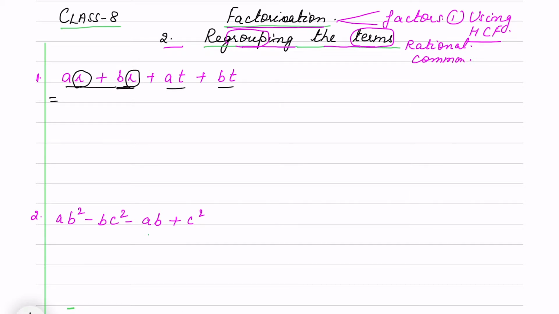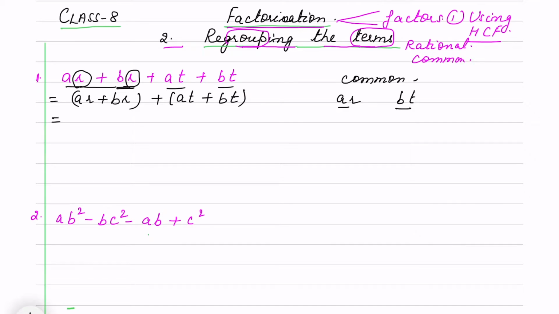So you take such terms in which you can take a common factor outside. Suppose I take AR and BT. What is common? Nothing is common, so such terms we will not take. So here I am taking AR and BR in one group and AT and BT in the other.